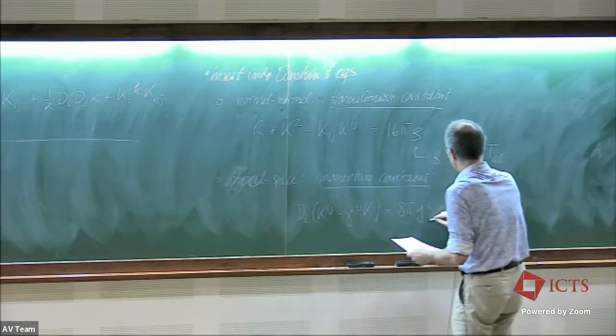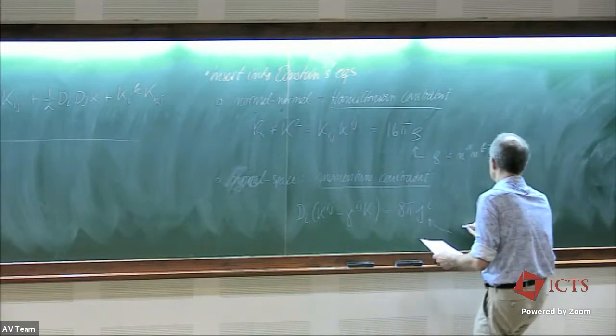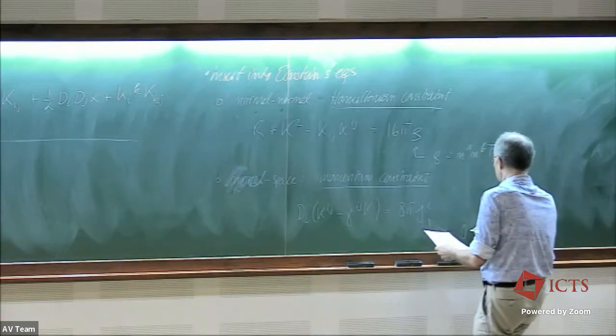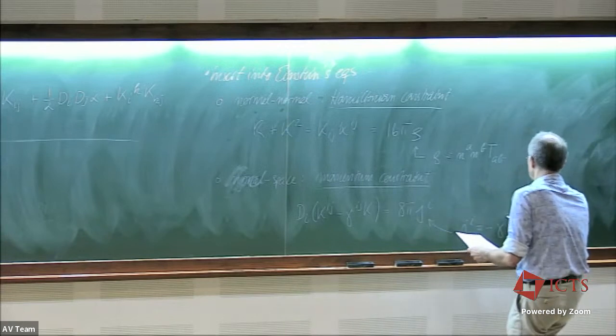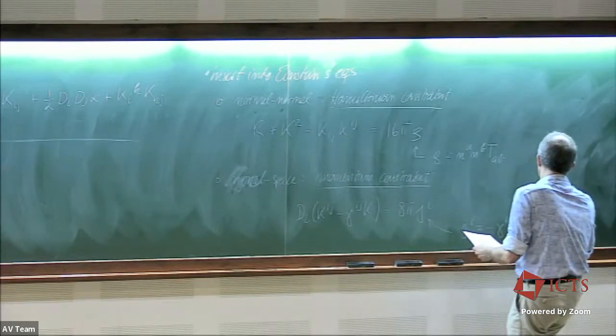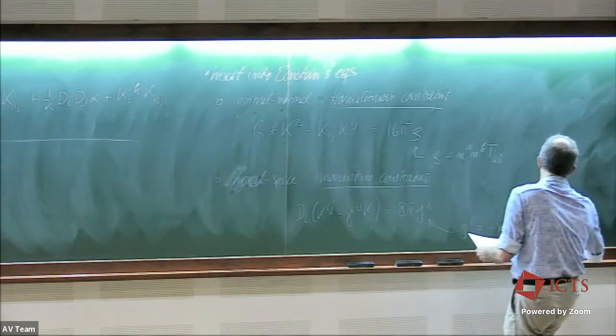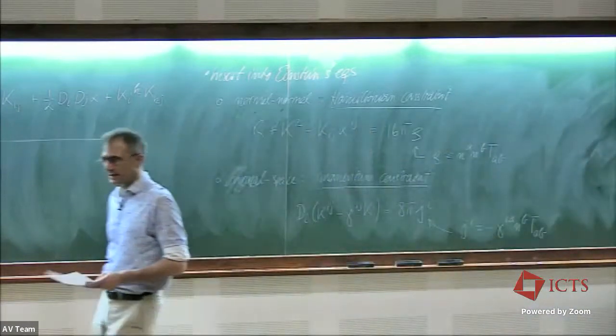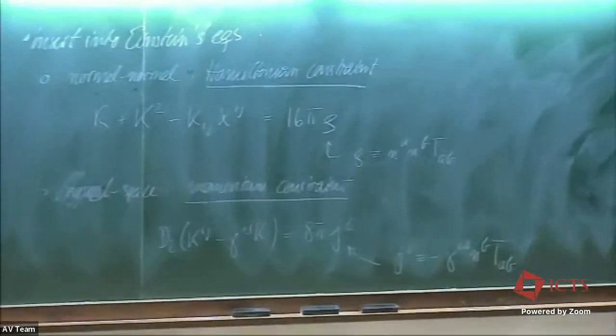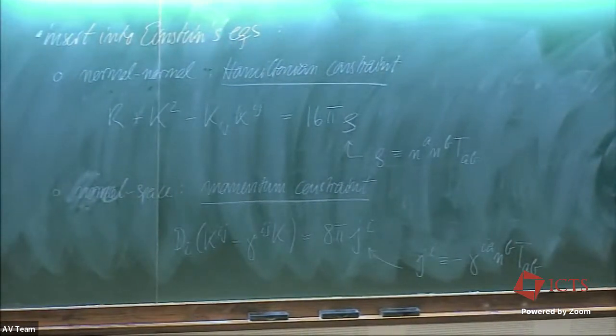Okay, where this j^i is defined as minus gamma^i_a n_b T^ab. Okay, this is the energy current density or momentum density as observed by a normal observer.